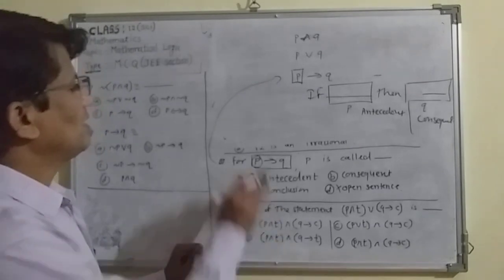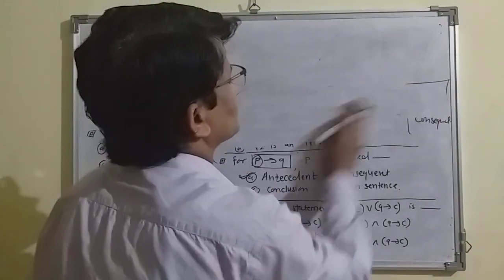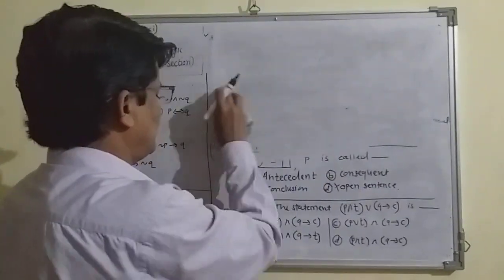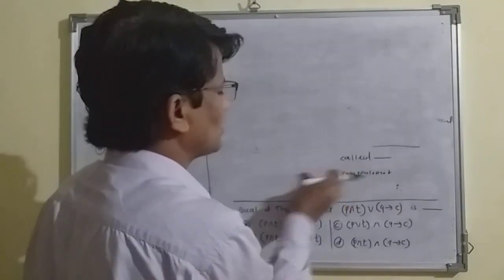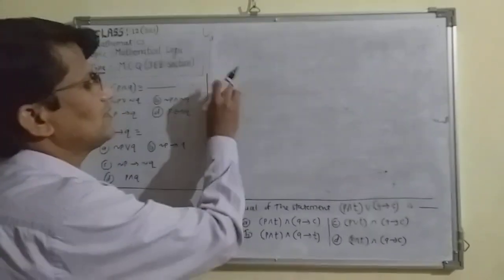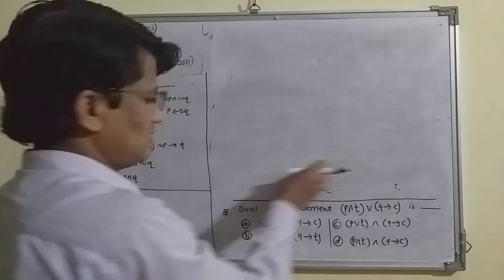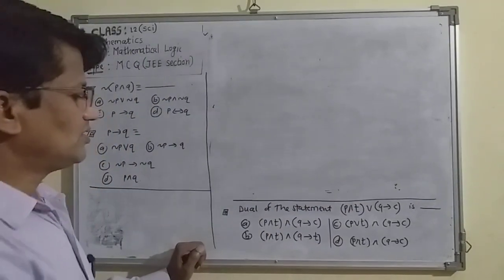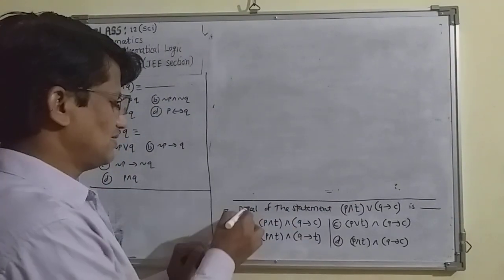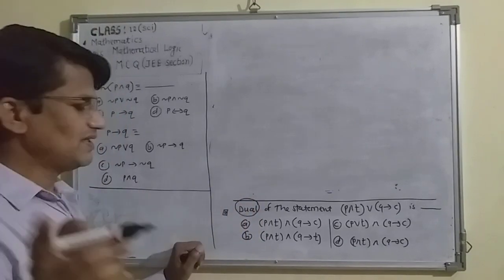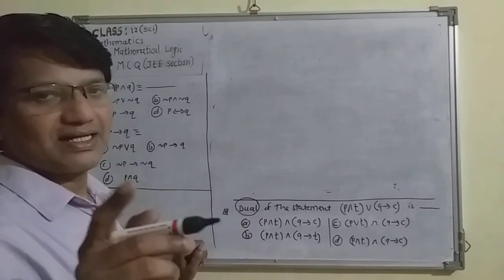Okay, now let us discuss the next question which is given below. Read it. What is this question? The question is: the dual of the statement. This is a totally different type. And what is dual? Dual statement.